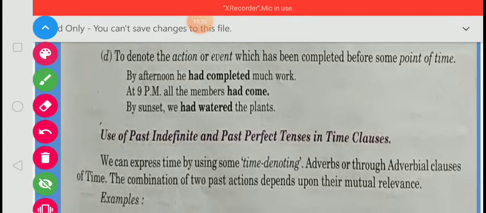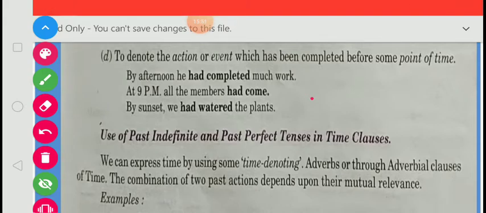To denote the action or event which has been completed before some point of time. Yes, and this one we also discussed when we were discussing the use of till, since, until, etc. Okay, so here, when a time adverb is given, we use this tense.